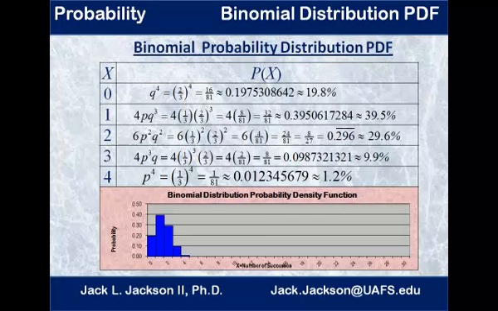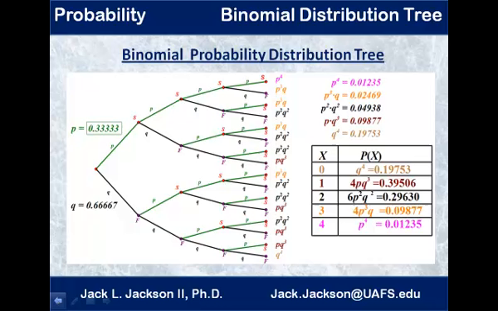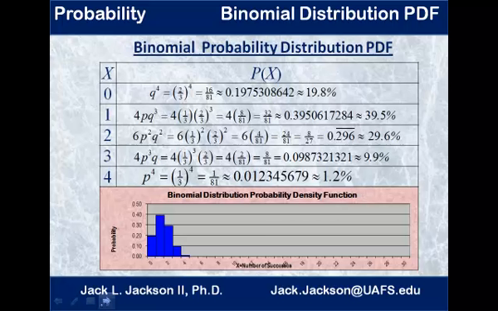And that is about 19.8%, and you also see the decimal as far as my calculator will go. Now, the next one is 4 times p times q cubed, and you can see that works out to be, well, 1/3 times 2/3 to the 3rd is 8 over 81. So that 8 over 81 is the p times q cubed, and that's the value, the brown value of about 9.9% that's going to be at the end of each one of these with the brown label in the tree there on that page.